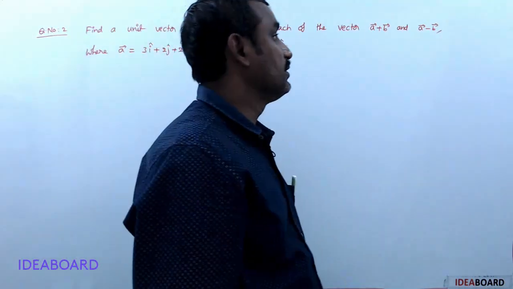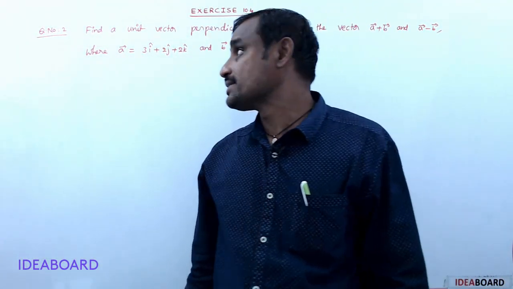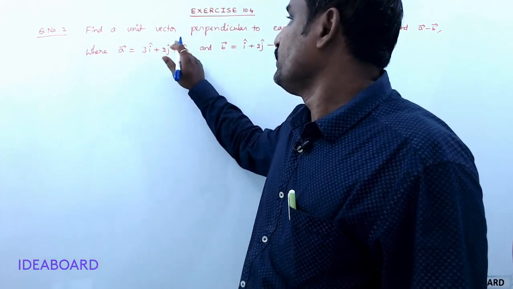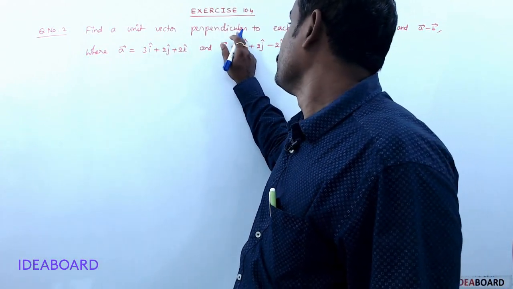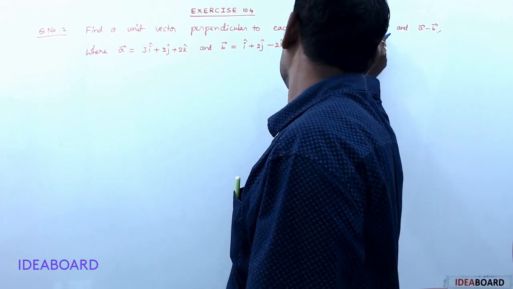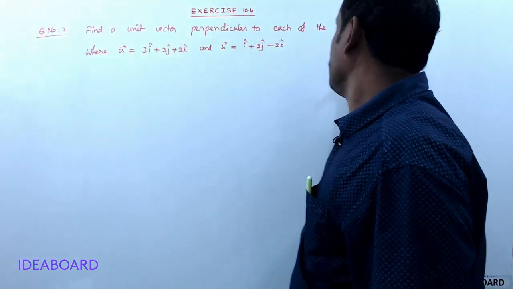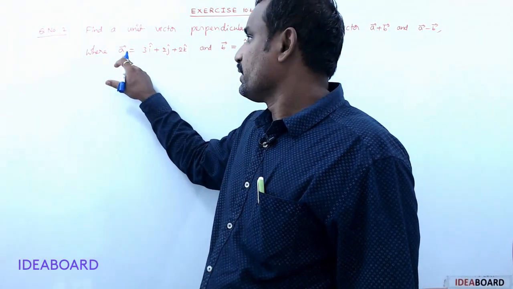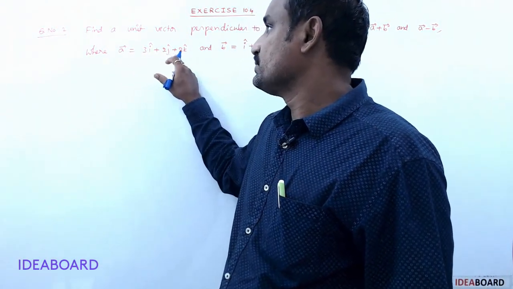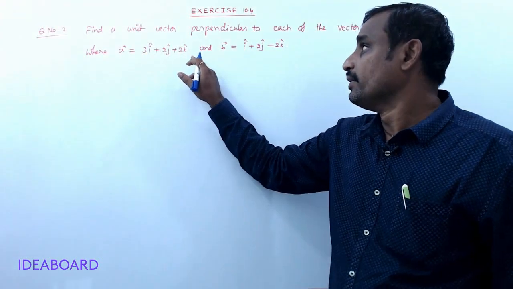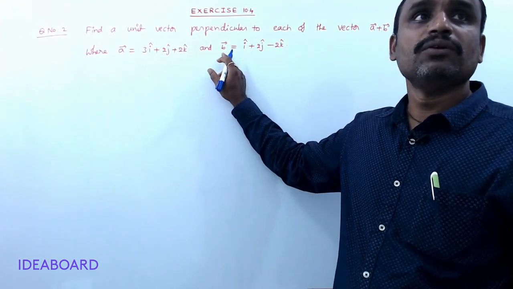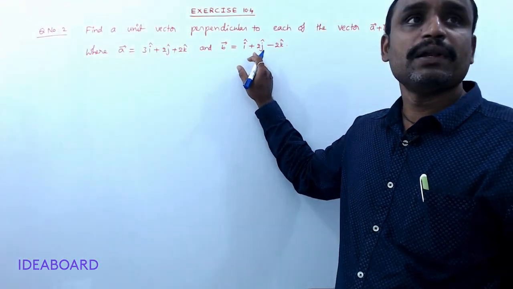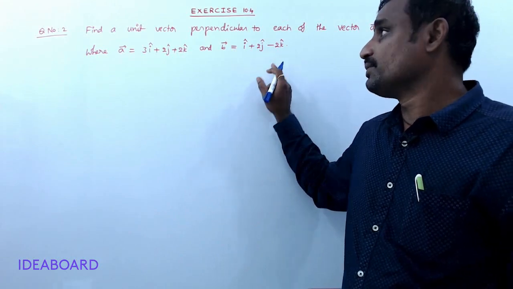Now we are discussing question number 2 in exercise 10.4. Find a unit vector which is perpendicular to each of the vectors a bar plus b bar and a bar minus b bar, where a bar is equal to 3i cap plus 2j cap plus 2k cap and b bar is equal to i cap plus 2j cap minus 2k cap.